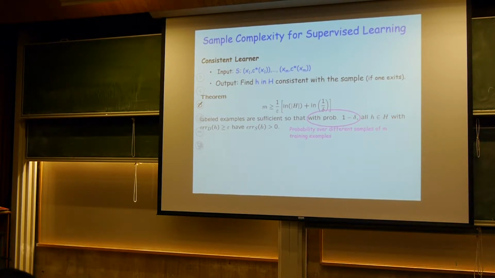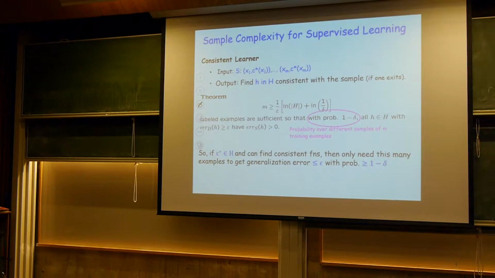Okay? And so if we take the contrapositive, what we get is that if we see so many training samples, then with high probability, all the hypotheses that have empirical error rate 0, that perfectly classify the sample, will have true error rate at most epsilon.